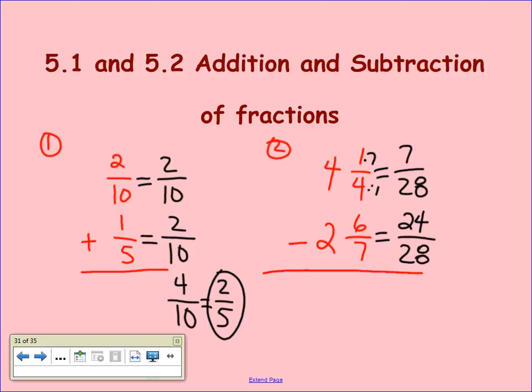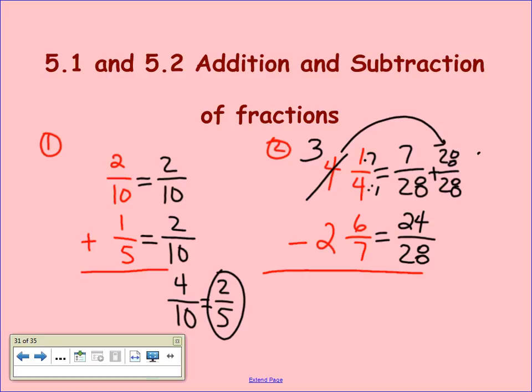Okay, the issue here is we have to then look at our subtracting. 7 minus 24, that's not possible. So we are going to have to borrow from our whole number. In this particular problem, we'll take one whole from 4, and I'm just going to go through this so you can see it. What you're actually doing is taking one whole, where my denominator is 28. So I'm going to make 28 over 28, and I add that on.